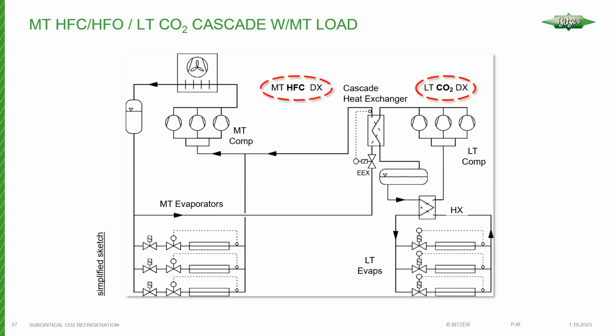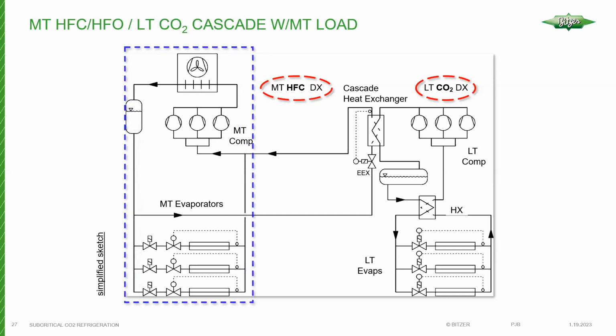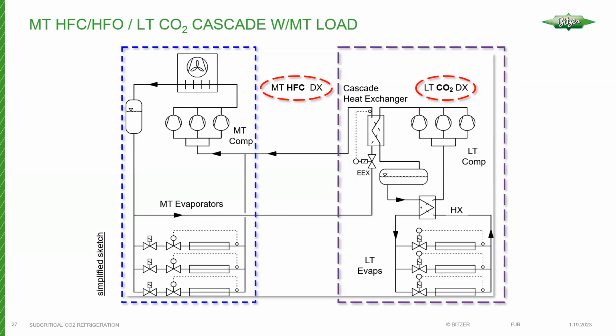For example, the pressure range is more appropriate, so we're not operating the refrigerant in a vacuum, things like that. So it gives us a lot of flexibility. And some of the earlier CO2 systems that were installed were cascade systems, and some, I'm sure, are being installed today, and they look much like this.